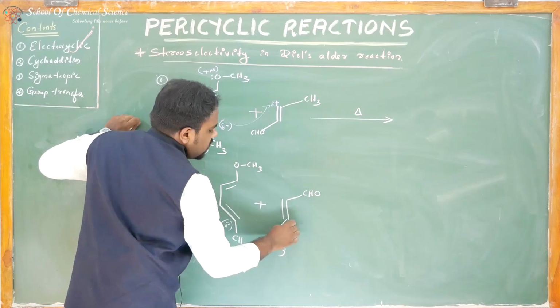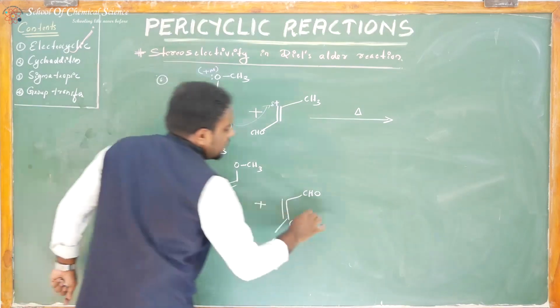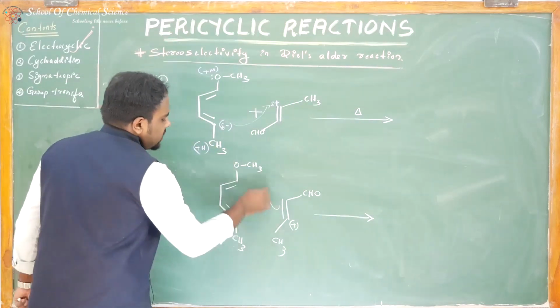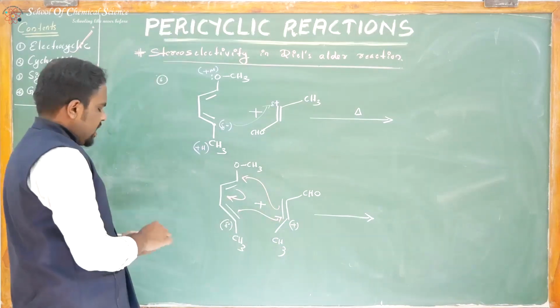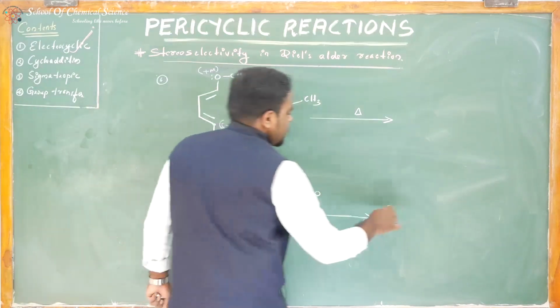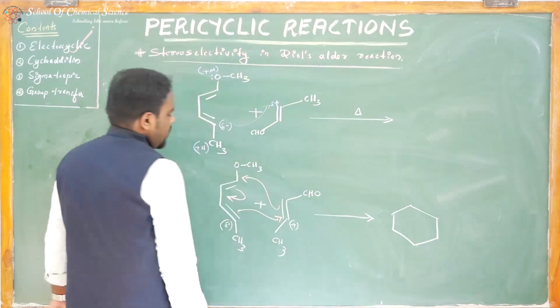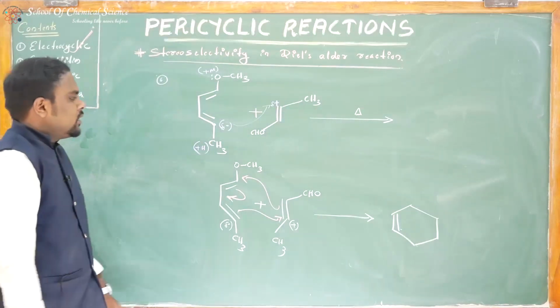With respect to CHO, here positive charge is there, so negative and positive will interact. There is an electrostatic interaction. Then you can write the product. The product will be a simple 4+2 cycloaddition Diels-Alder reaction, so a 6-membered ring will be your product. Between these two carbons a pi bond is formed.